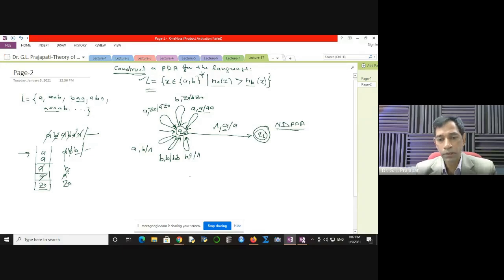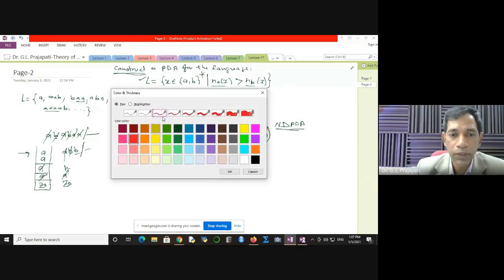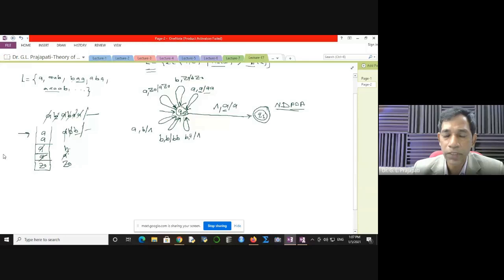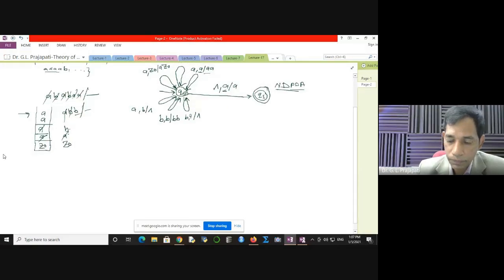Okay. Now the question is, can you construct the DPDA for this language? Can you go for the DPDA for this language? So yes, for this you can think, and it is possible to construct the DPDA for this language. What you need to do?